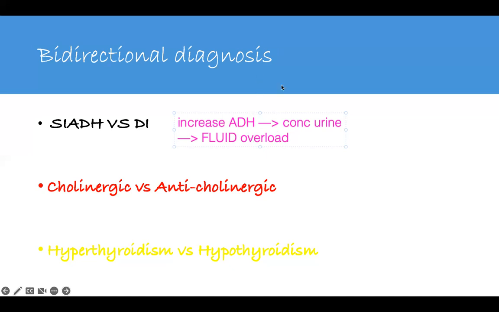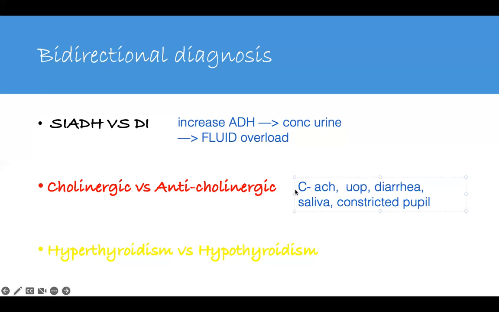Same as this one. Okay, I have cholinergic and anticholinergic. Well, which one do you want to choose? Do you want to choose cholinergic or anticholinergic? I know cholinergic means I have too much acetylcholine. And what will happen? Urine output will go up, I will have diarrhea, I will salivate more, I will have constricted pupils, okay?